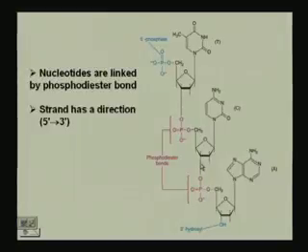It can go and attack another triphosphate. In this case, it now has attacked ATP. This is adenine. So, it has attacked ATP. So, we have now a trinucleotide which has the sequence TCA.